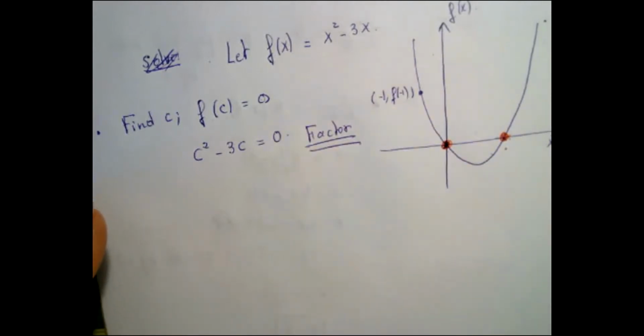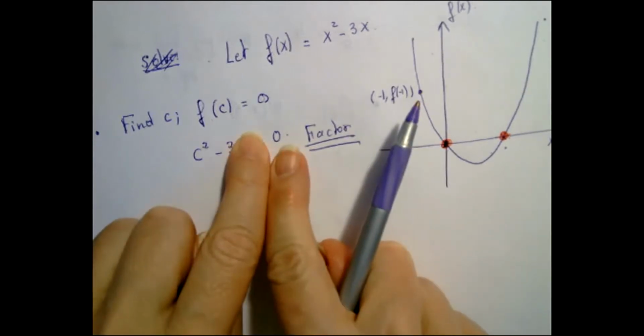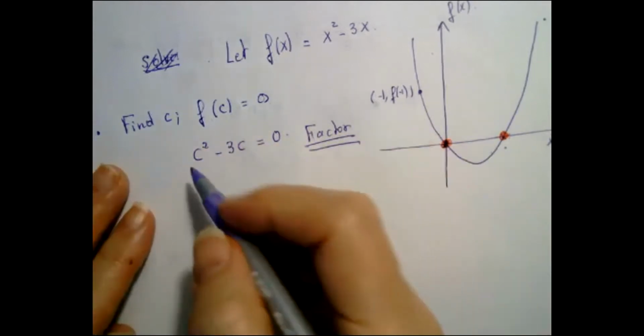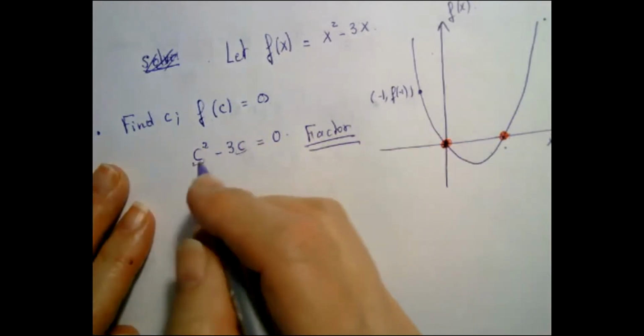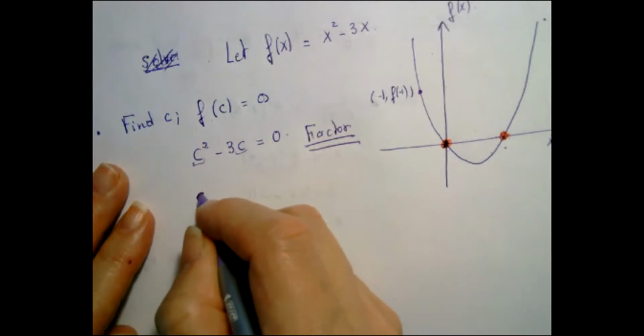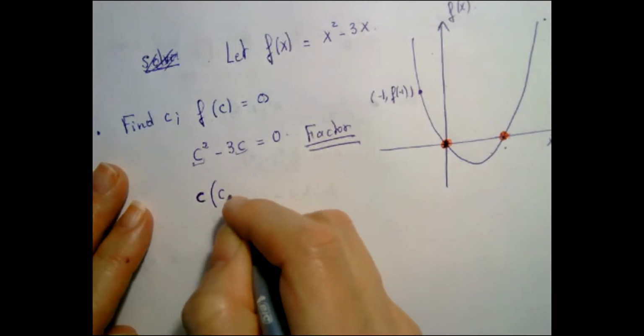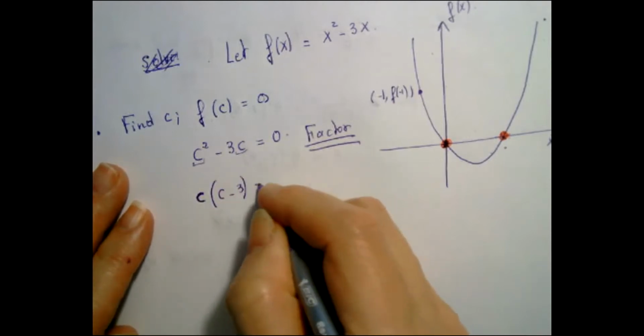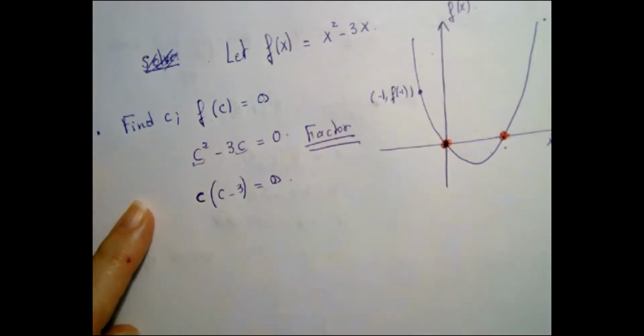Solving is really factoring whenever I have something x squared, x cubed. Really factoring is the key idea. So we set it to 0, then we factor. Here C seems to be a common factor, so I'm going to factor out C, and I'll end up with C minus 3 equal to 0.